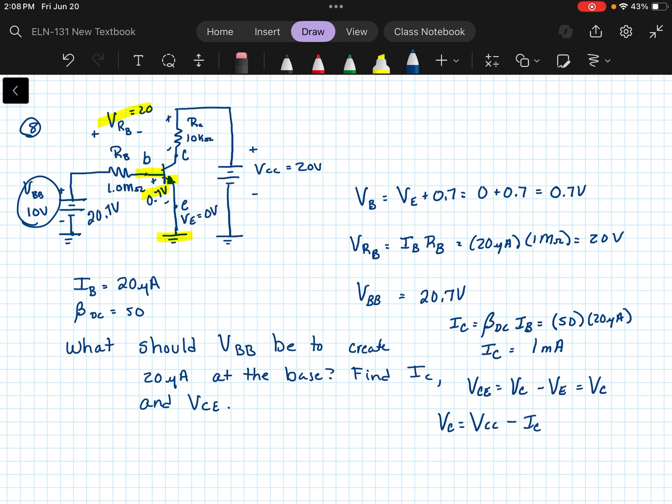So that's going to be IC times RC. That's using our Ohm's law relationship there. So we have 20 minus the 1 milliamp times 10K, which should be about 10 volts.